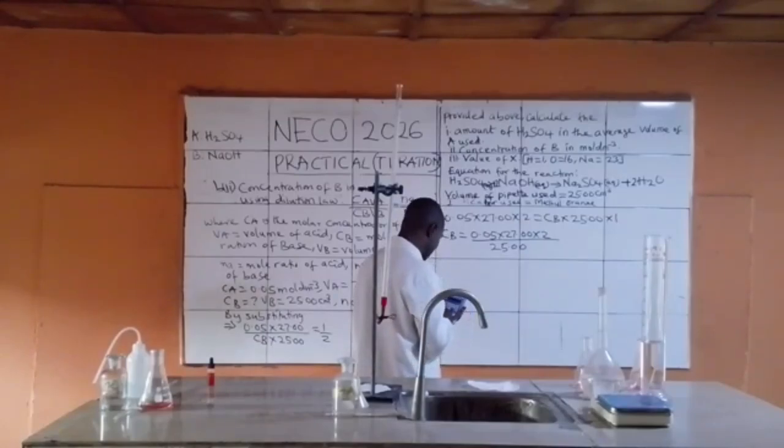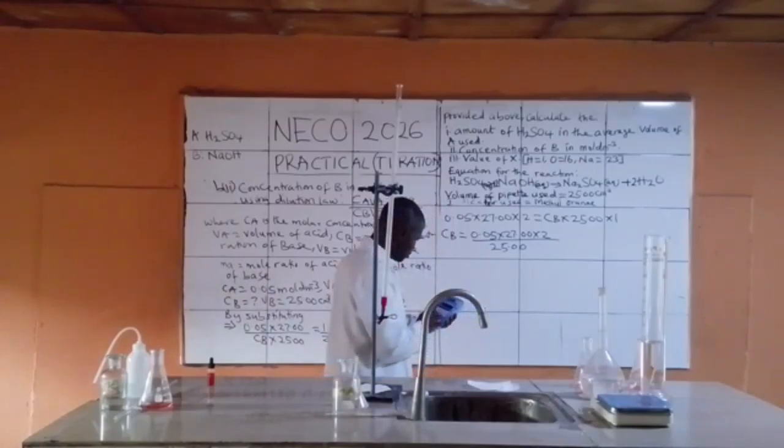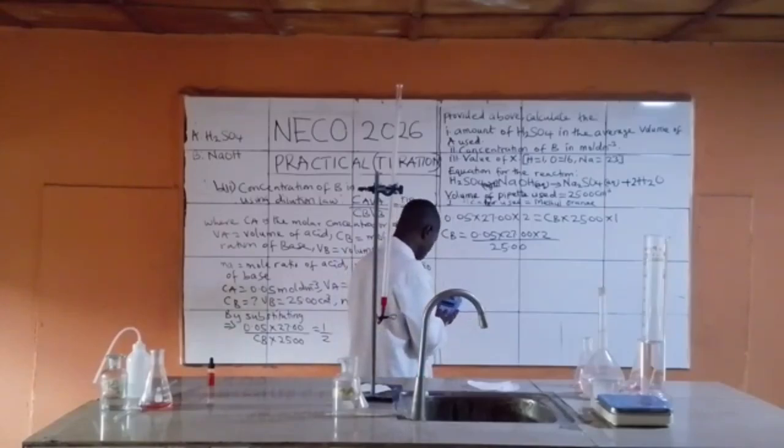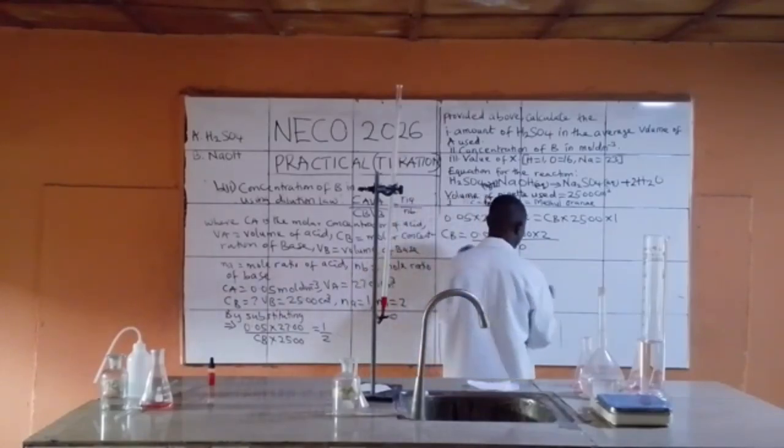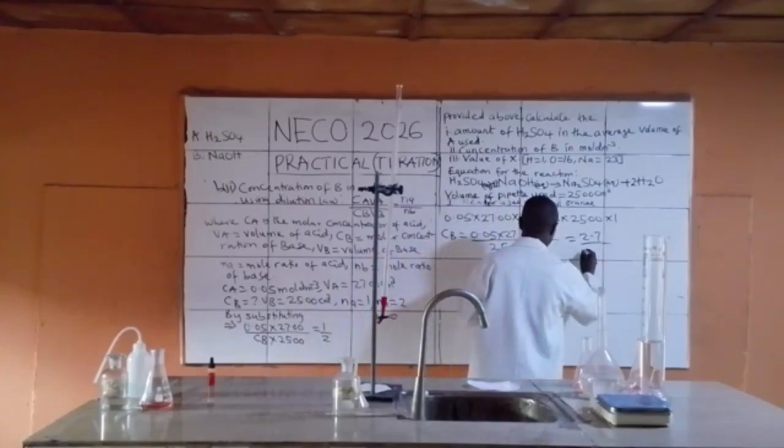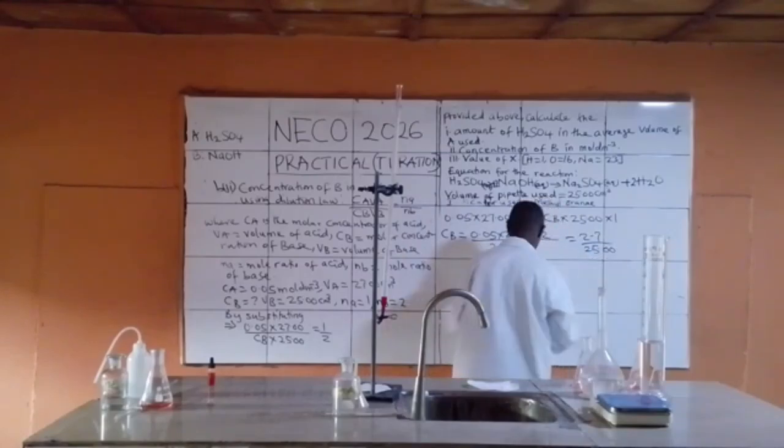Using the calculator, we have 0.05 times 27.00 multiplied by 2, this is equals to 2.7 divided by 25.00.